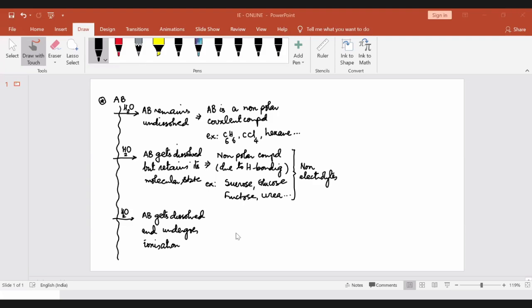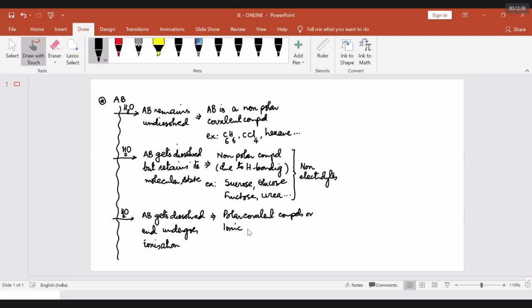If it is so, then such type of substances, who are these fellows? They are supposed to be polar covalent compounds because they are getting dissolved and undergoing ionization. Therefore, here you should say, sir, these are supposed to be polar covalent compounds. When I say this, one boy stands up and says, no, sir, is it not possible to say that ionic compounds also do this?